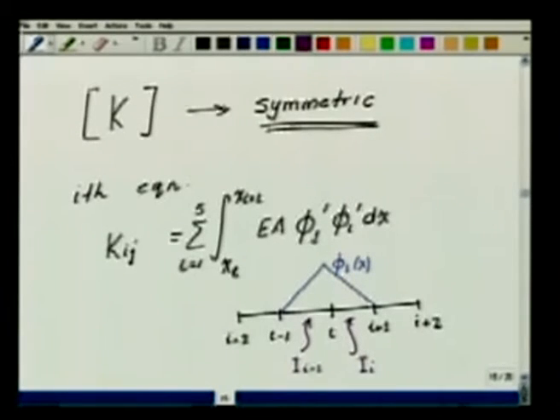So what does it tell me? That out of this summation over all the L's, there will be some of these elements for which the contribution to this integral is going to be 0.